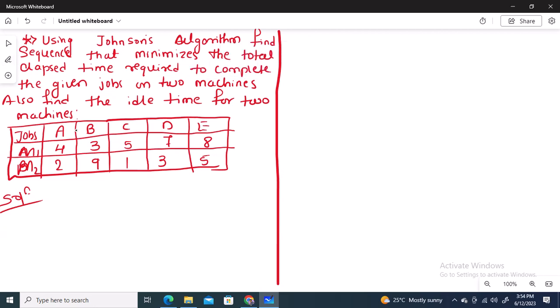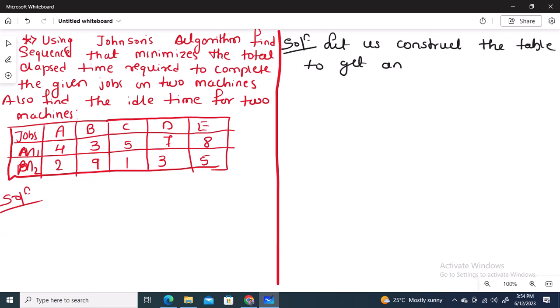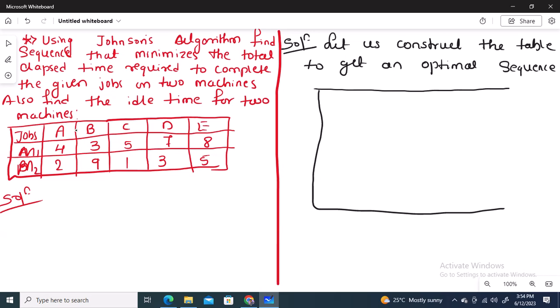Solution: let us construct the table to get an optimal sequence. Table means the data only I'm writing. With the table we can easily get the procedure to find the optimal sequence.